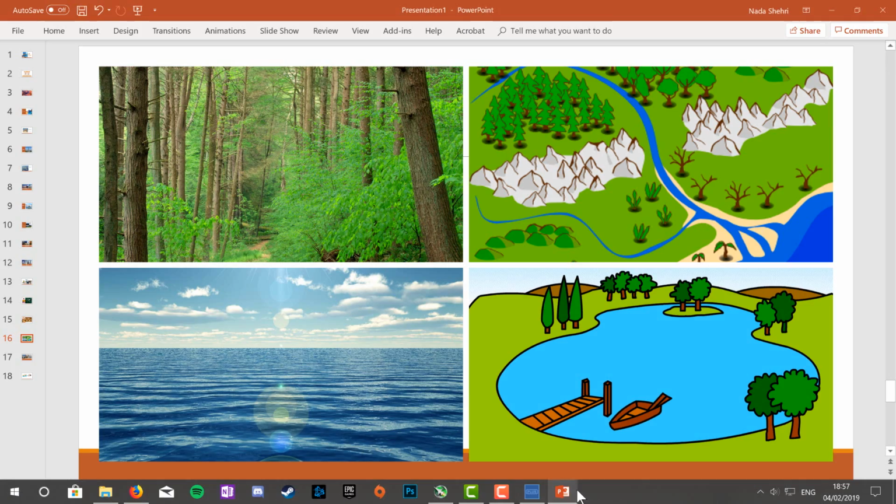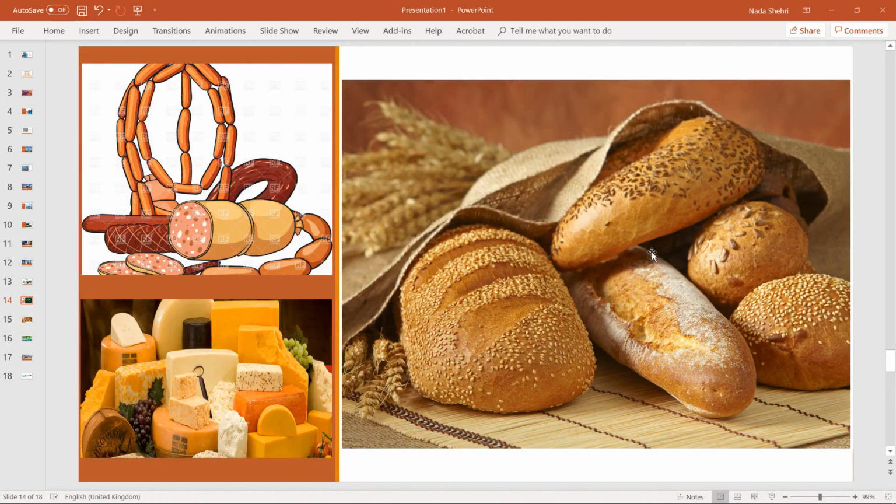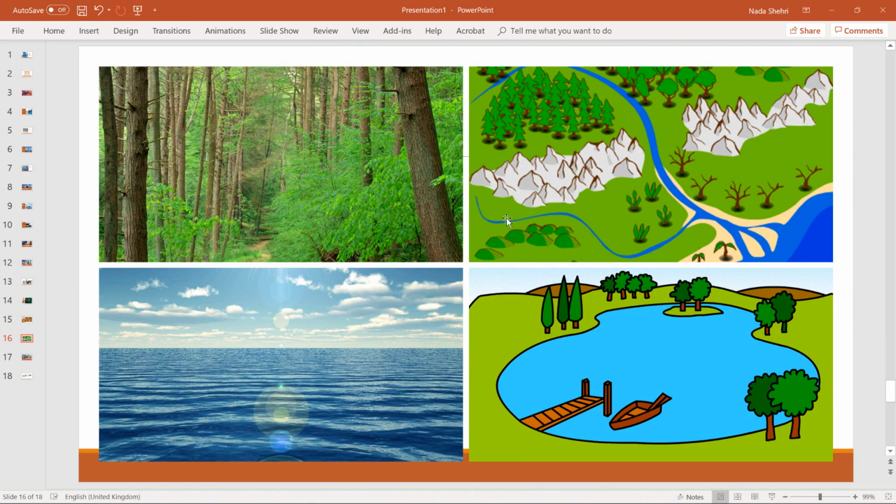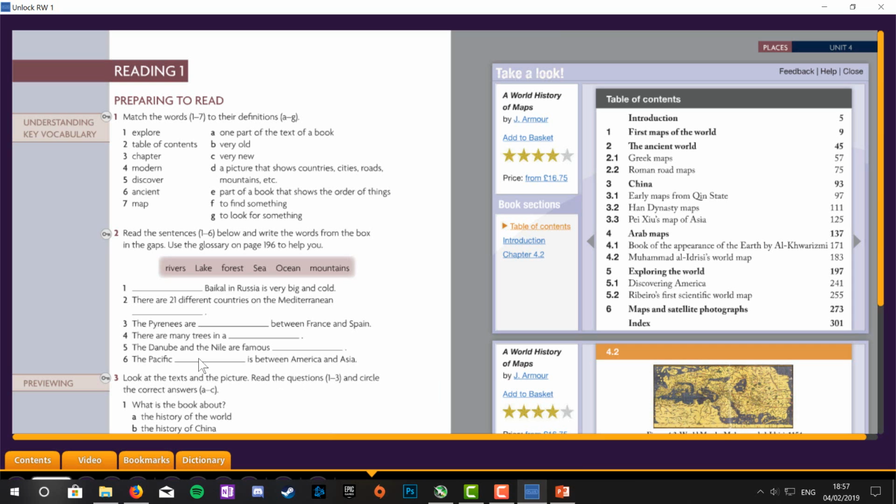What do you think, ladies? What is this? Is it a lake, a river, an ocean, or a forest? Well, this picture here, ladies, can you see these blue things? These things, we call them rivers. Rivers.